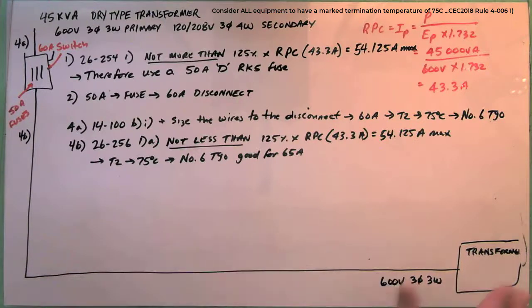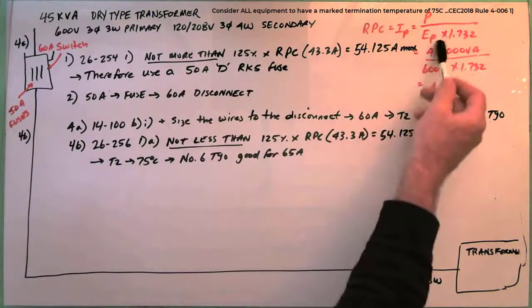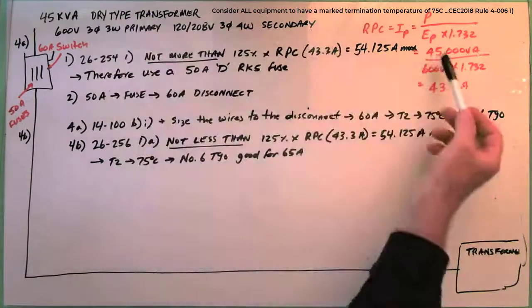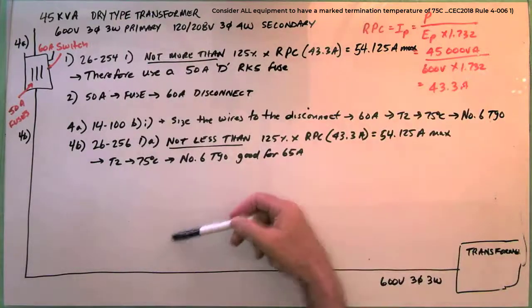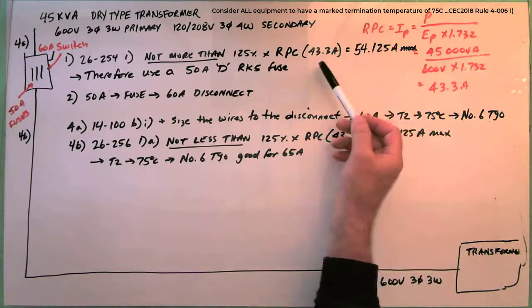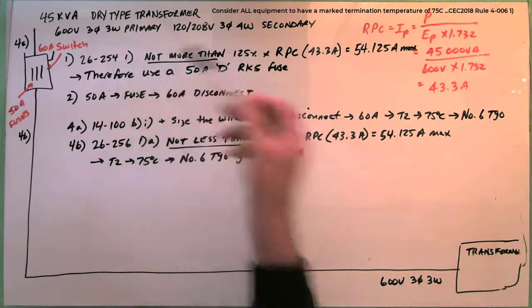Okay, so let me erase this. Any questions with this? It's pretty straightforward. Your rated primary current is P over E. The power of the transformer is a 45 kVA, and your voltage on the primary is 600 over √3. You get 43.3. Multiply that by 1.25. Just read the rules for transformers.